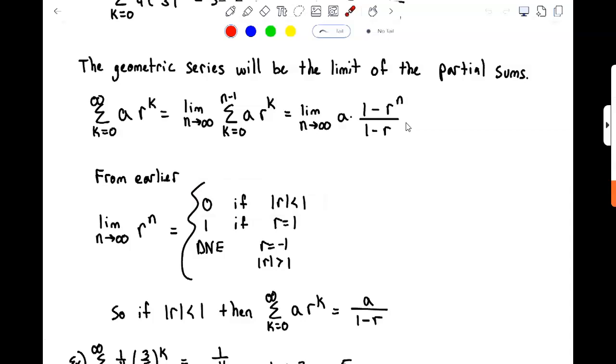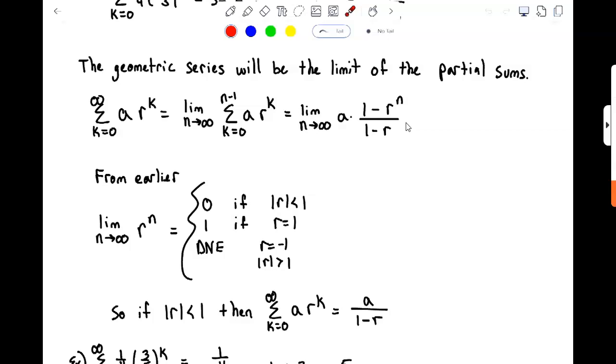When the ratio is less than 1, we took the limit of that stuff, and it turned out the limit became a over 1 minus r. So we were able to say that the sum is a over 1 minus r. That's what we moved on to.